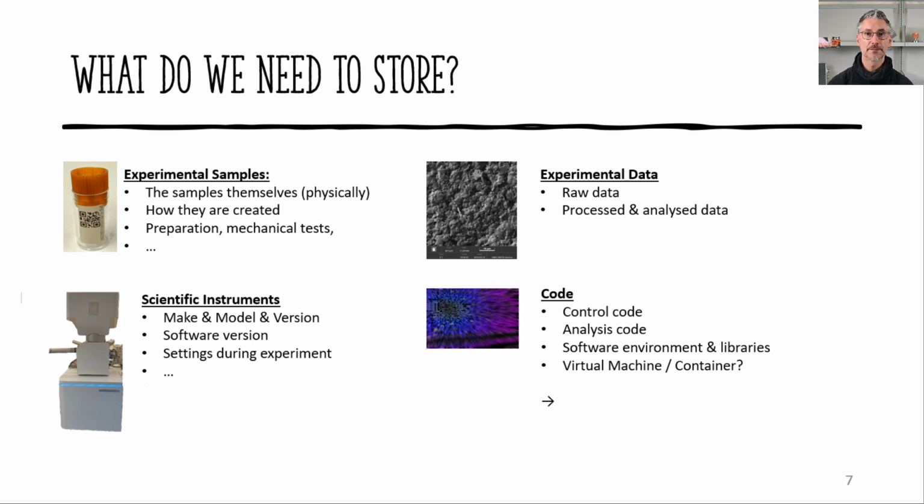Then we have the experimental data themselves. We typically have raw data that will later be processed and analyzed, so we have derived data that we also need to store. And more analyses are done using software, so we have software code and analysis code that we need to store somewhere.